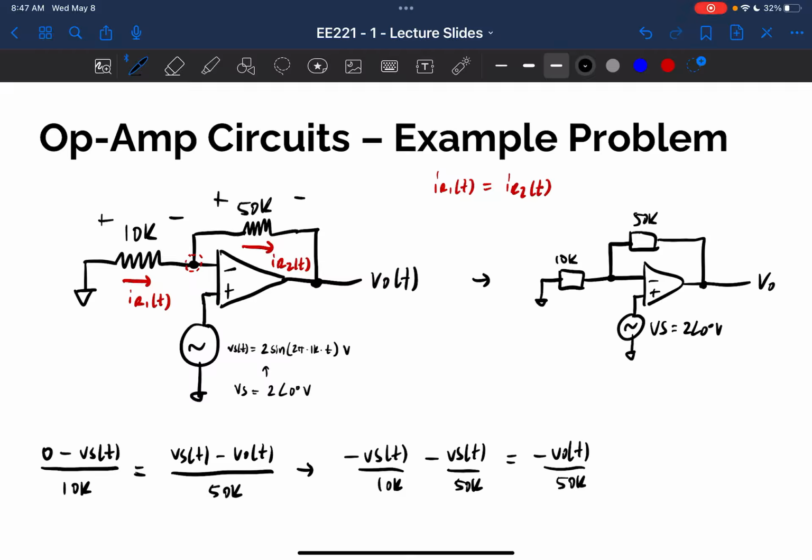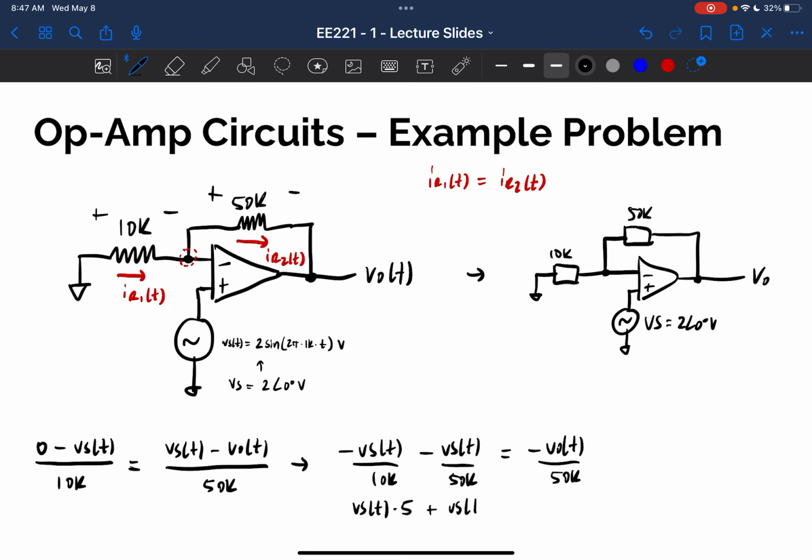And so I can multiply both sides by negative 50K here. And I would get that this goes to Vs of T times 5, right? 50 over 10. And then on the other side, I just get another Vs of T. And then right here, I just get V out of T. And so I basically get that V out of T is going to be equal to 6 times Vs of T, right?